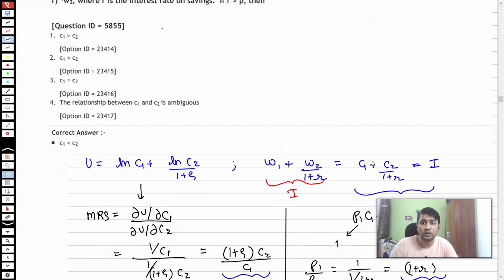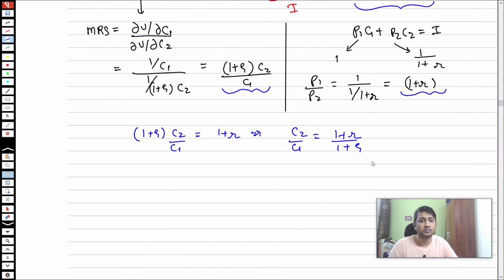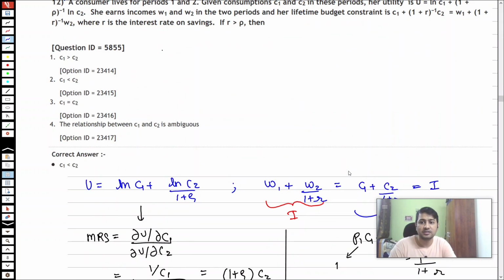Now what I know from the given question is that R is greater than rho. So if R is greater than rho, then this value must be greater than 1. So what we have is that C2 must be greater than C1. So consumption in the second period must be greater than consumption in the first period.